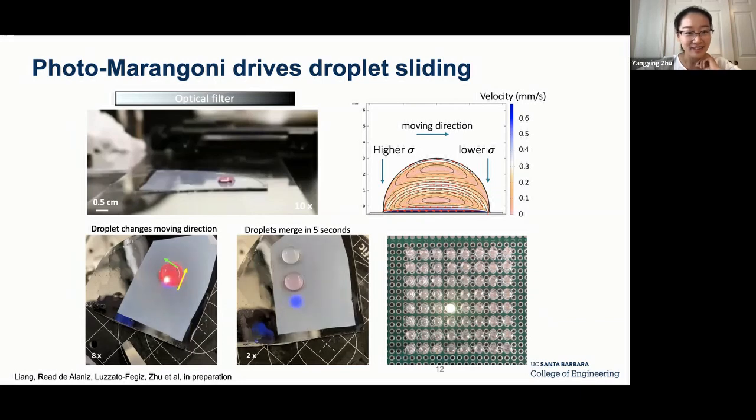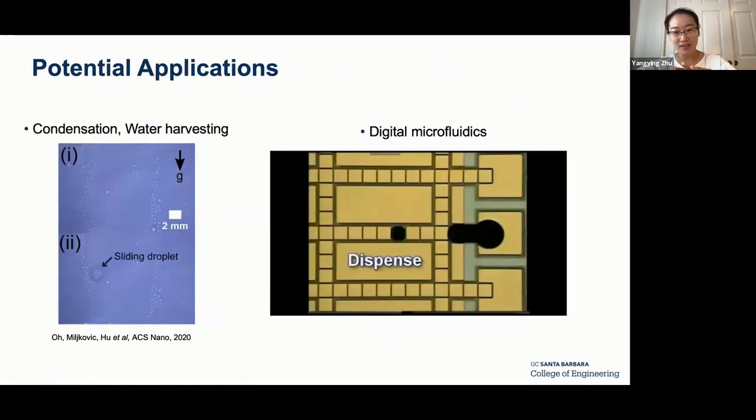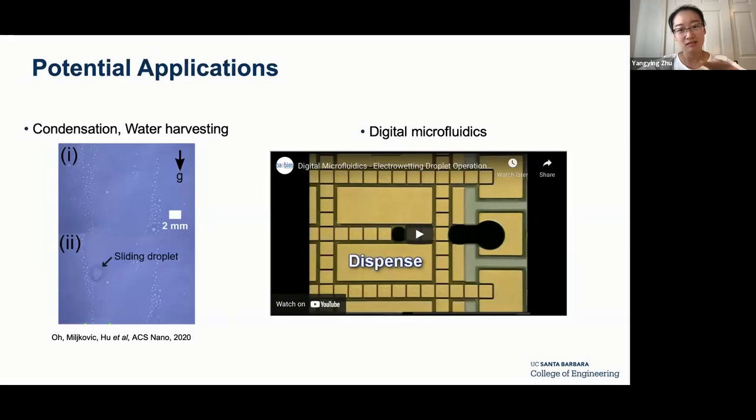So with that, I'd really like to wrap up this first part, and I think there's a lot of opportunity in condensation, because we know that droplet condensation has been proven to be possible for a low surface tension fluid when the condensation occurs on a slippery or LIS surface.